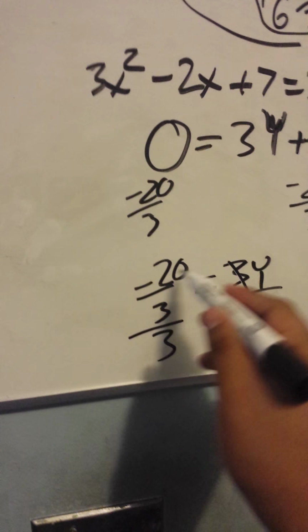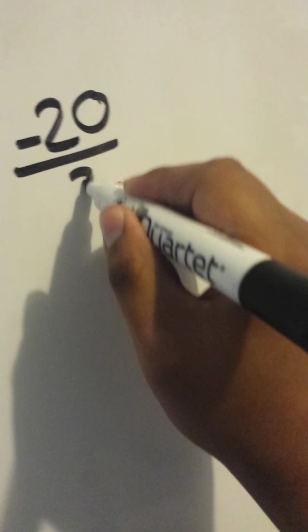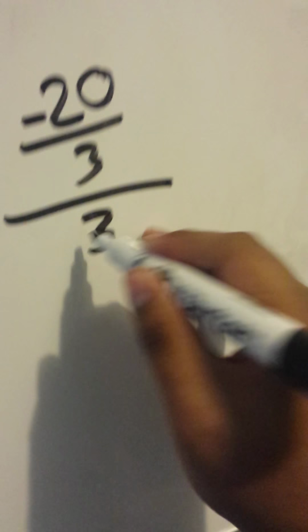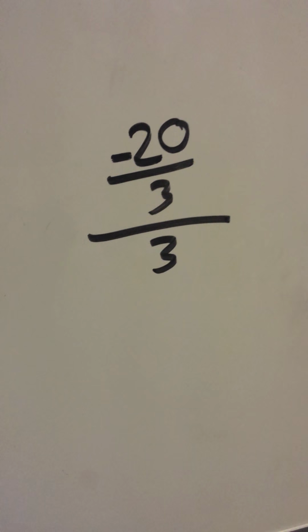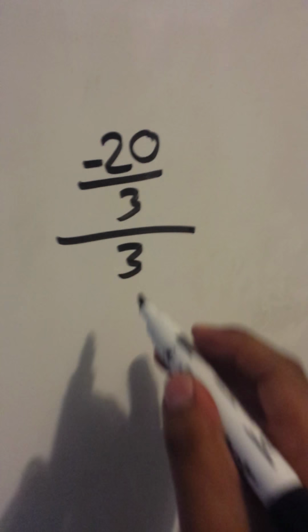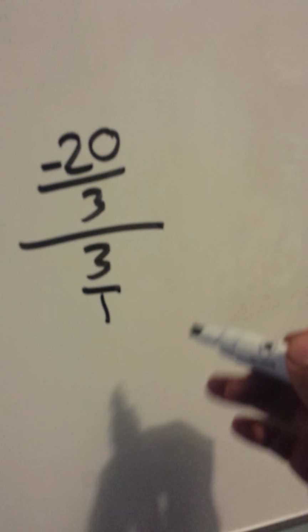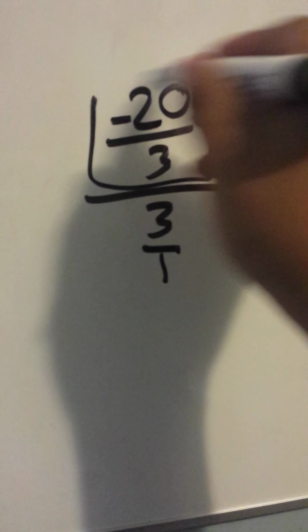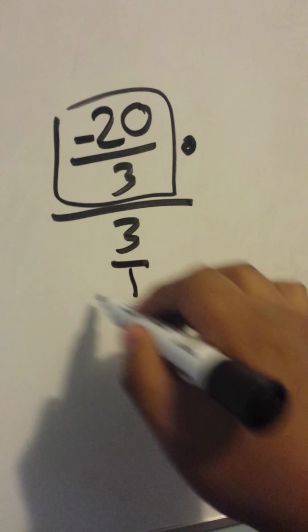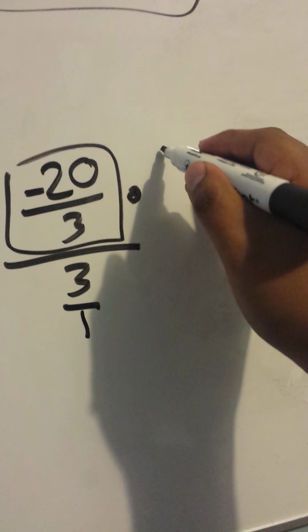So we're going to have minus 20/3 divided by 3. Let me write this right here just in case you're confused. Minus 20/3 divided by 3. In a way, there's no such thing as division, so it all turns down to multiplication. But this 3 is also a 3/1, so we multiply the numerator by the reciprocal of the denominator, which turns it into a multiplication of fractions.